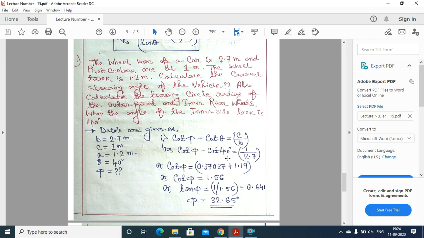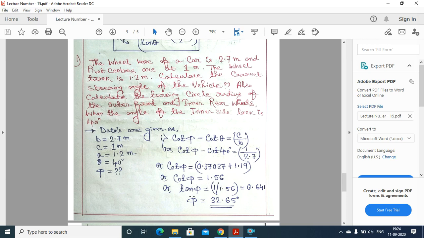The value of cot 40 is 1.19. So cot phi is equals to 0.37037 plus 1.19, and simplifying, cot phi is equals to 1.56.